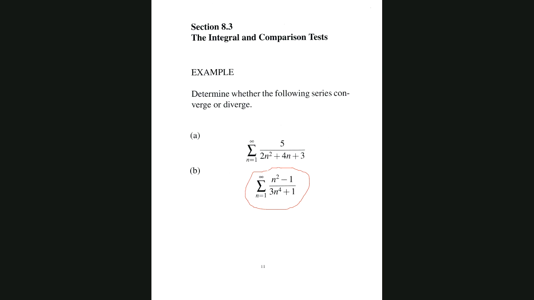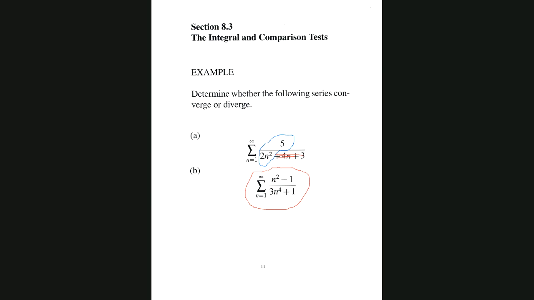So essentially, I can ignore the 4n and the 3 in the denominator. I mean, I can't really ignore it, but as n gets large, the 4n and the 3 don't influence the result. So that allowed me to use the series 5 over 2n squared as my comparison series.